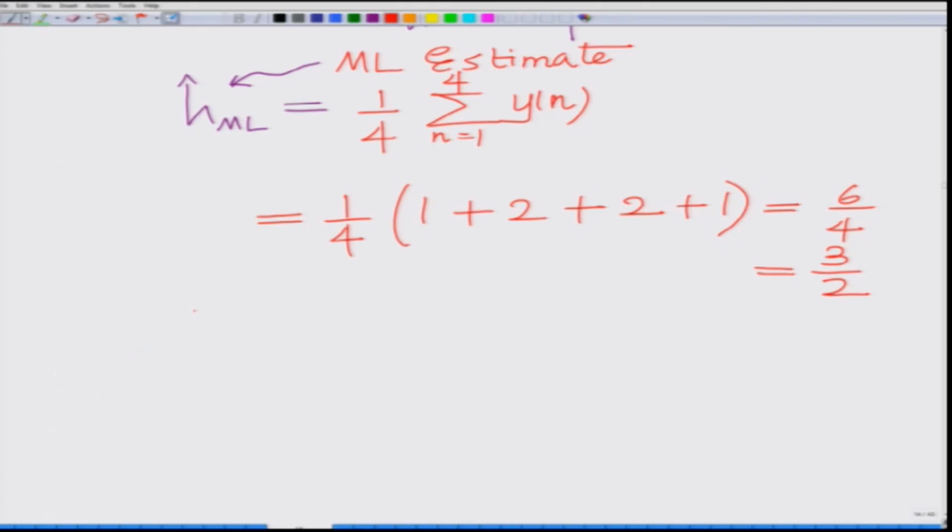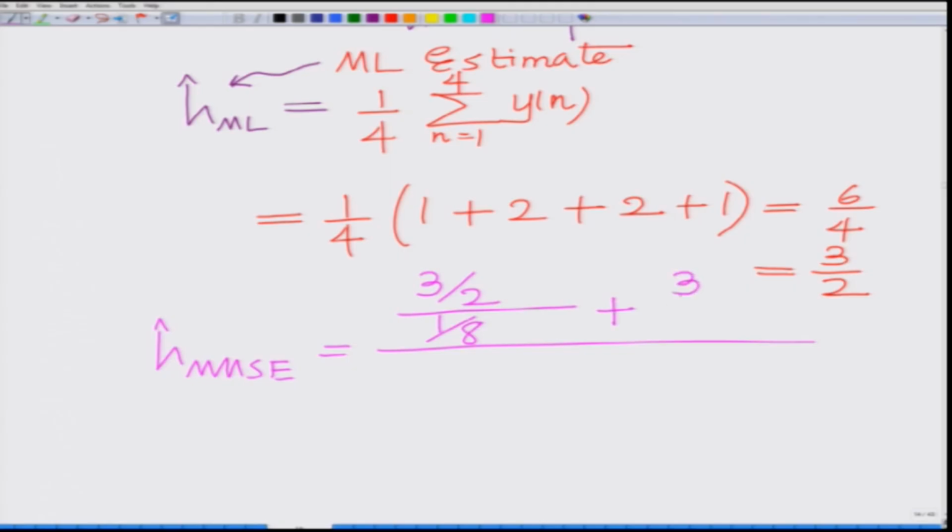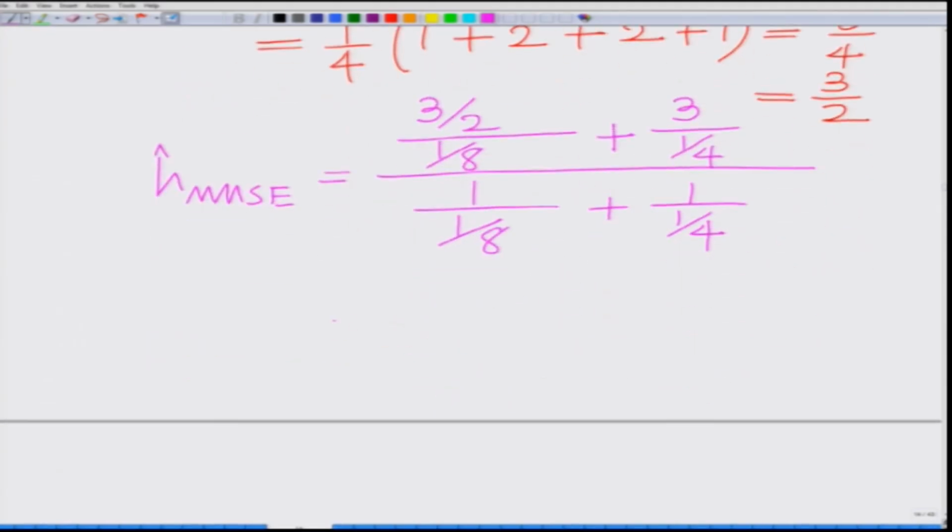Therefore, we have already seen the ML variance, therefore the MMSE estimate, h hat MMSE, equals, now we have all the required quantities, that is the ML estimate divided by the ML variance, that is 1 over 8, plus the prior mean 3 divided by the prior variance, that is sigma h square, which is 1 over 4, plus 1 over the ML variance plus 1 over the prior variance, which is basically equal to 12 plus 12 divided by 12, which is 24 divided by 12, which is equal to 2.